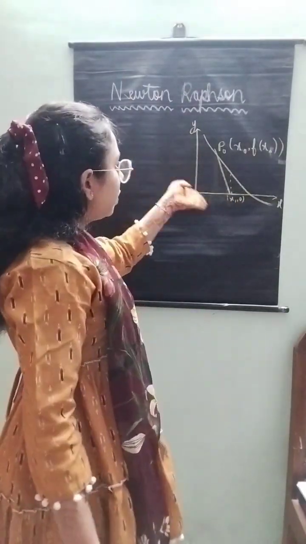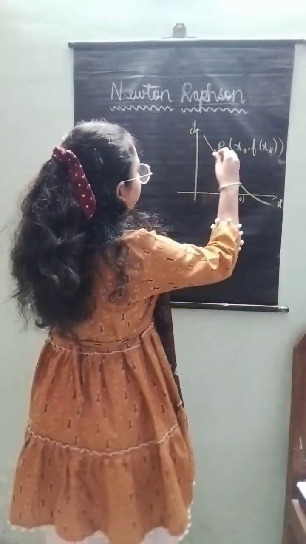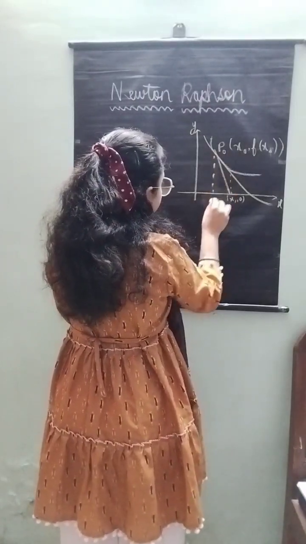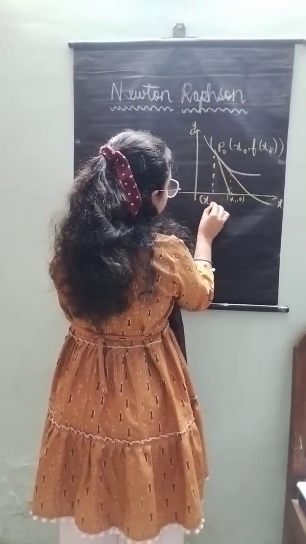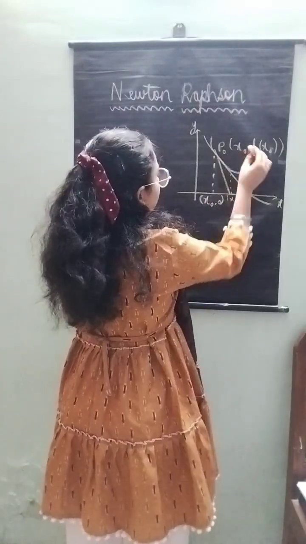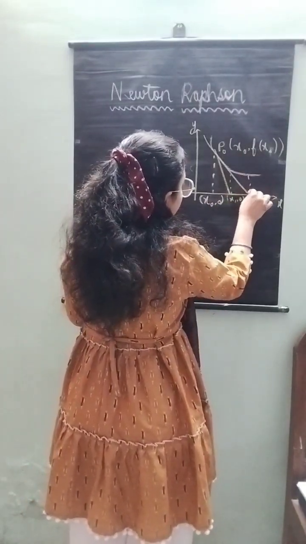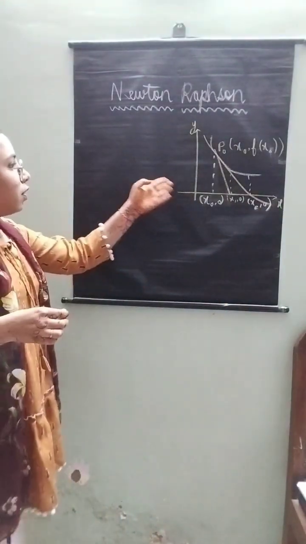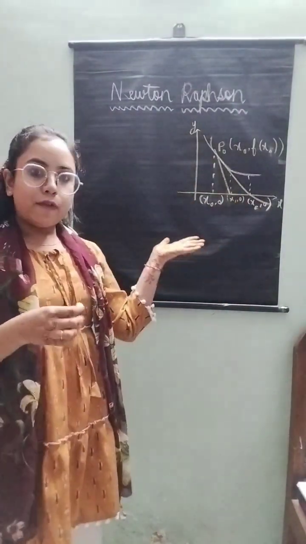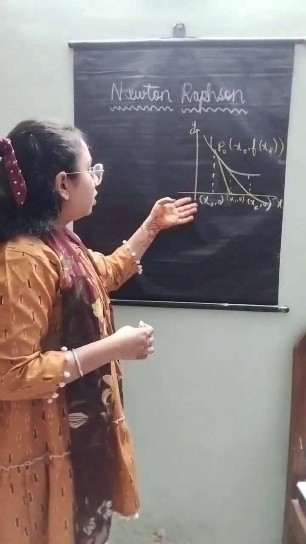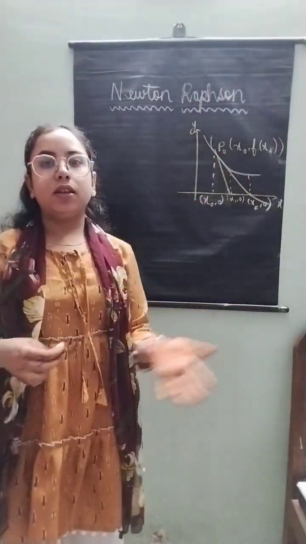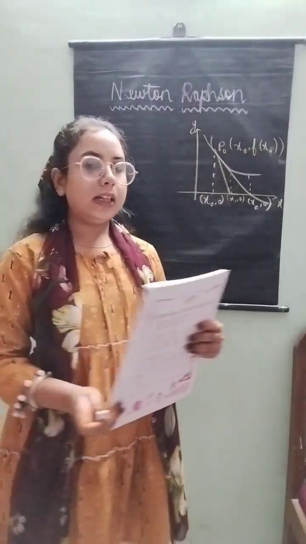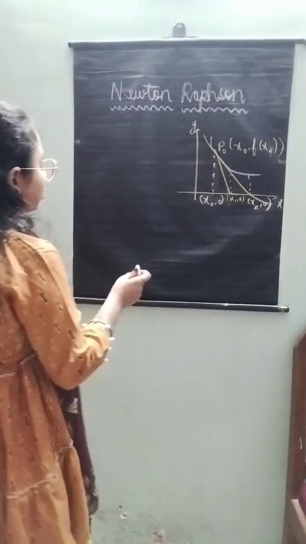By drawing different tangents to the points like this, suppose here we will get x2 comma 0. Like this, the rate of convergence will be very fast, and in very few iterations we will get the required solution. As it is based on tangents, let's see the equation of the tangent.